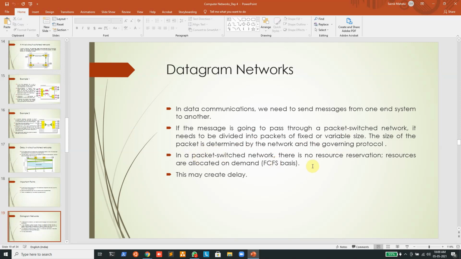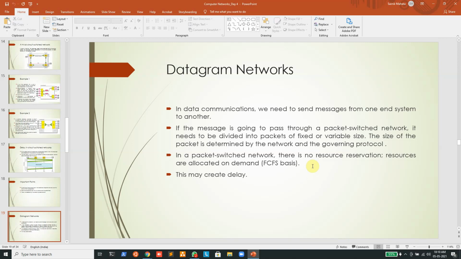Again, in a packet switch network there will be no resource reservation. In the previous example, in the case of a circuit switch network, in the setup phase a special packet from A to B was sent, an acknowledgement from B to A was sent, and after this the physical connection was constructed between A and B, which means the resource was being reserved.